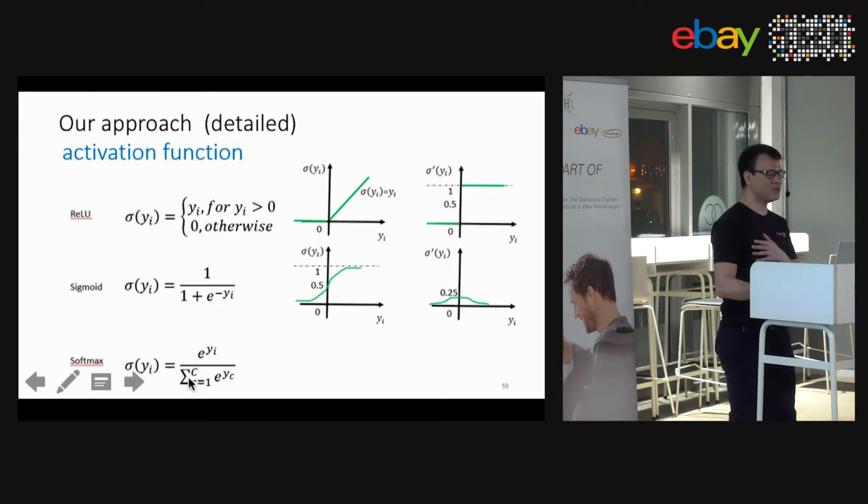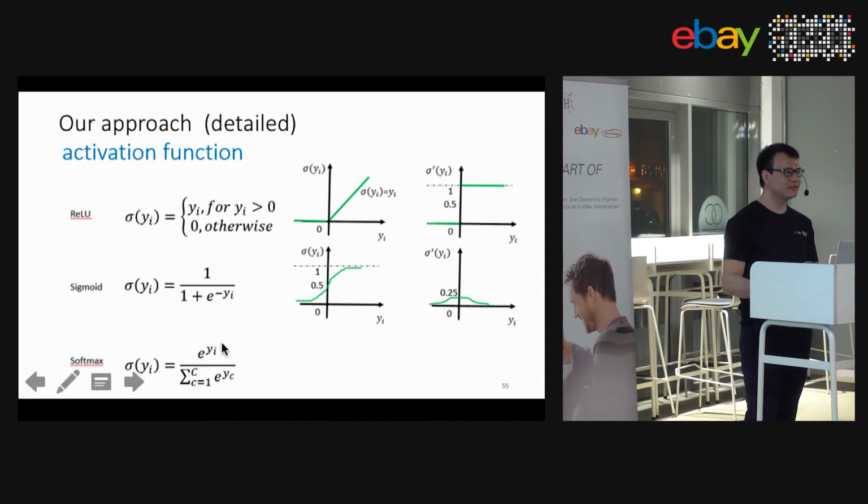By doing so, this part represents the probability that my ith data point is classified into my ith class. Okay, that's it.